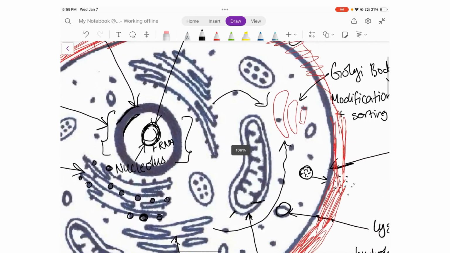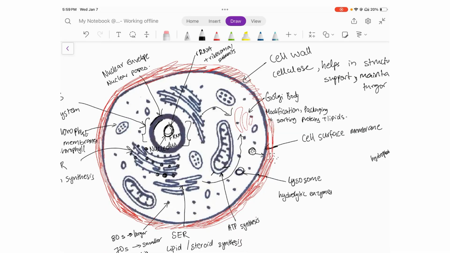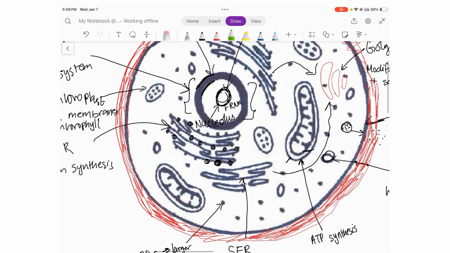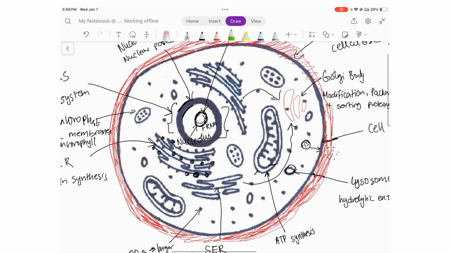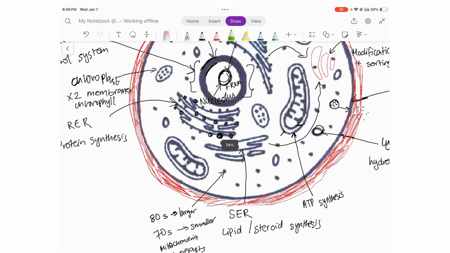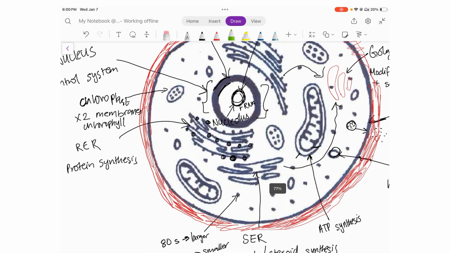Now, considering that we've turned this diagram into quite an ugly plant cell, let us finish off this diagram with one final structure. The final structure that I'd like to draw, because this diagram lacks it, is, where do I draw this?